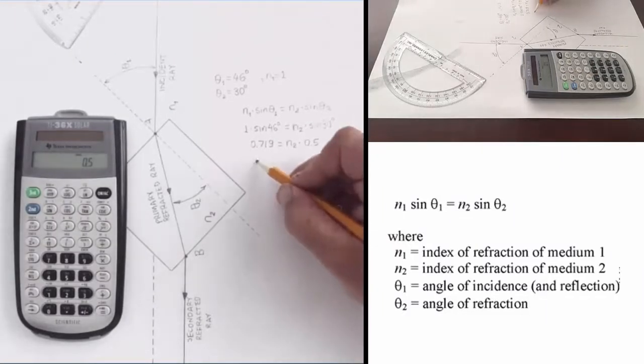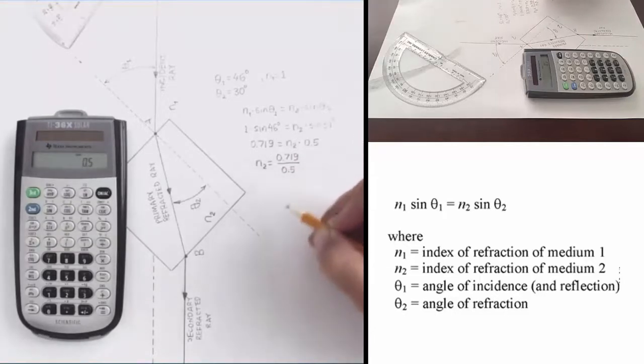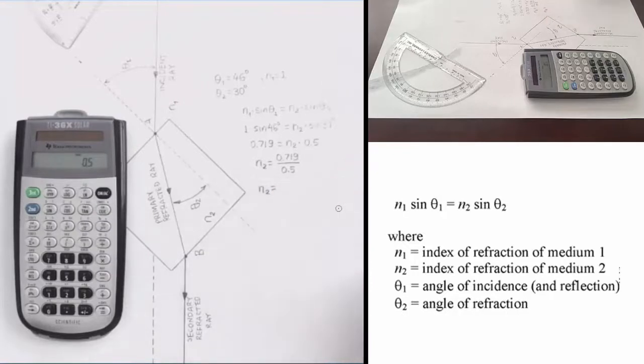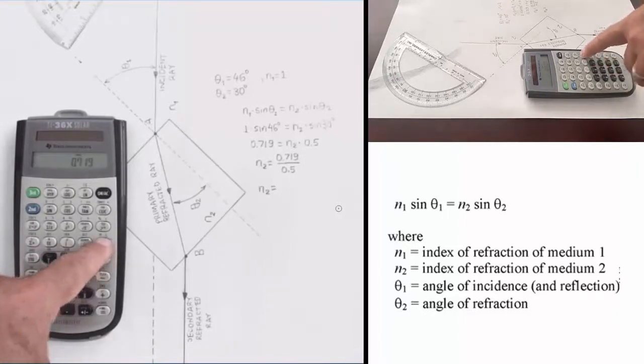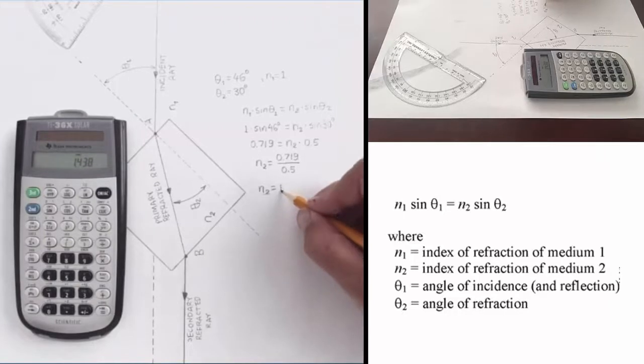And then from here we can calculate n2 as 0.719 over 0.5, which gives us the value for the index of refraction of the medium that the optical block is made out of. So 0.719 over 0.5 equal to 1.438.